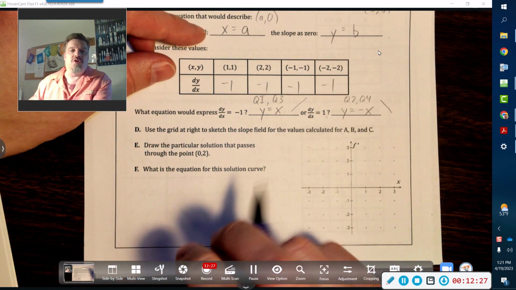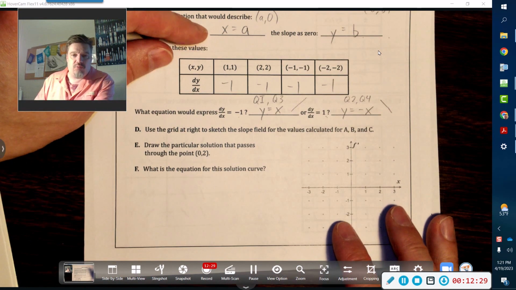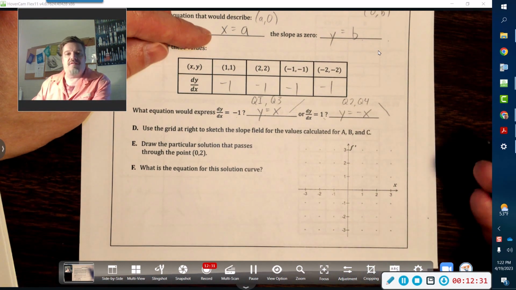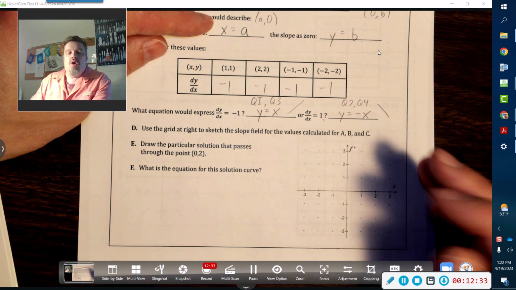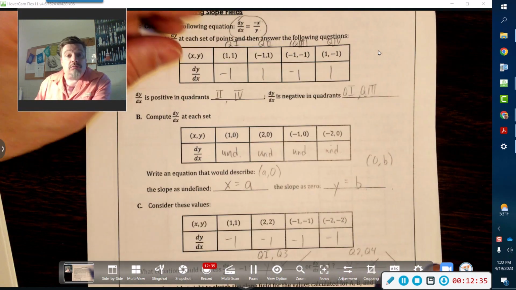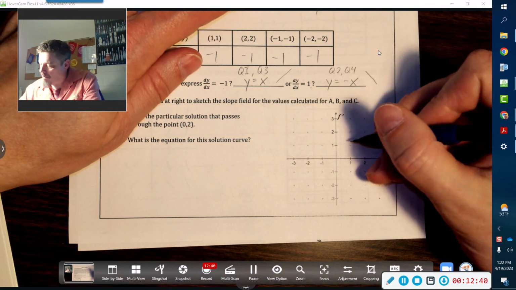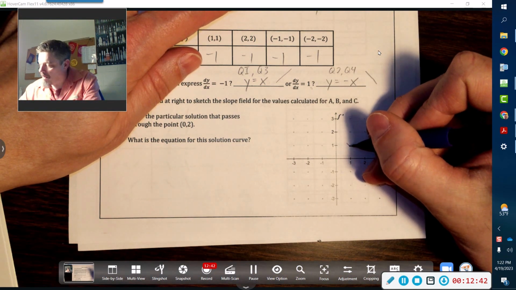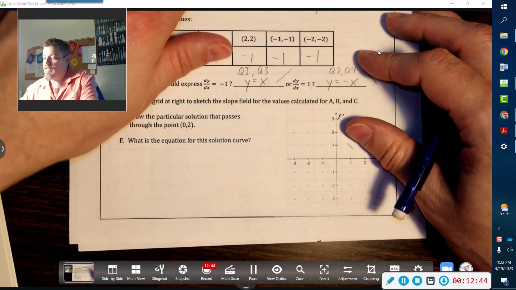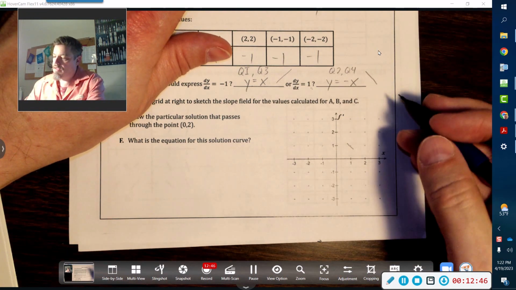You could basically put out a table here and just kind of graph along. We can graph what we know, and we know at 1, 1 that's a -1. At -1, 1 is a positive 1.